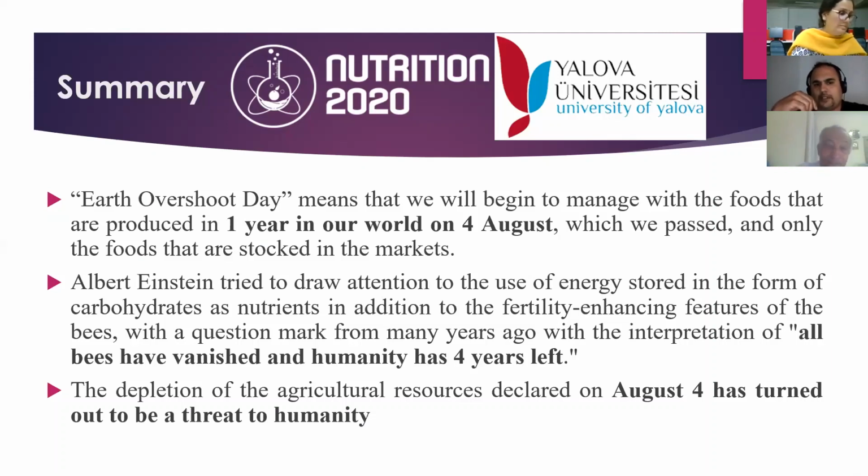So it means on Earth we have food sources, but in recent years they have been depleted. So this organization calculates every year how much food we have to provide for the people.